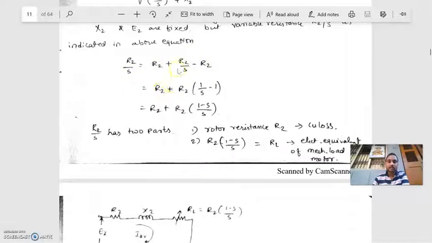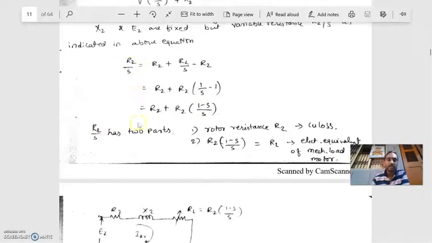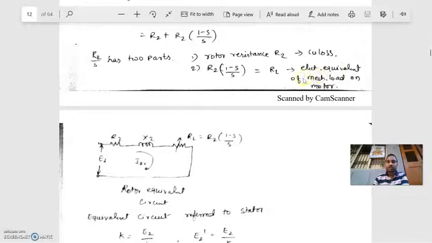Taking R2 common, we get R2 plus R2 into 1 over S minus 1, which we write as R2 plus R2 into 1 minus S divided by S. So R2 by S has two parts: one is R2, and the other is R2 into 1 minus S by S. R2 is the rotor resistance, which accounts for the copper losses, and the other term represents the load resistance, which is the electrical equivalent of the mechanical load on the motor.